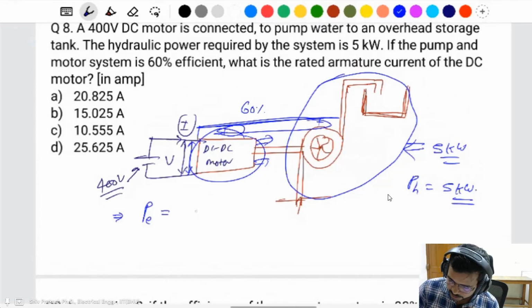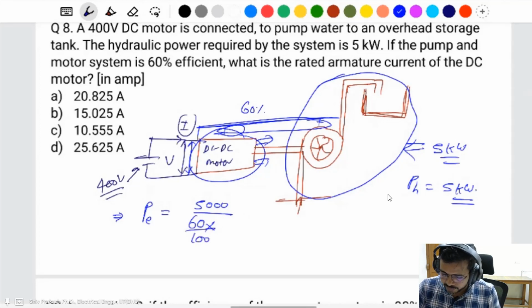That's why P is the input power of the motor. It will be 5 kilowatt divided by 60%. It will be 60 divided by 100, 0.6. This will be 8.33 kilowatt.